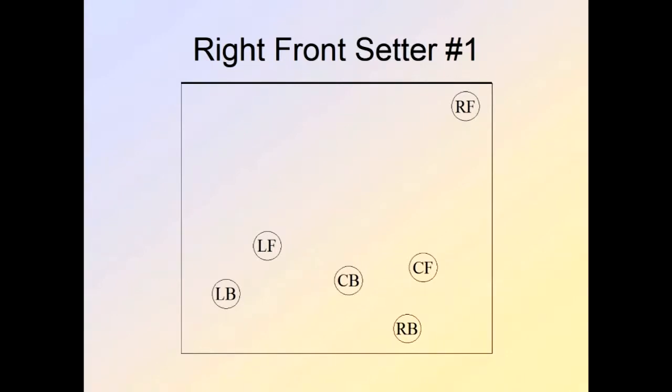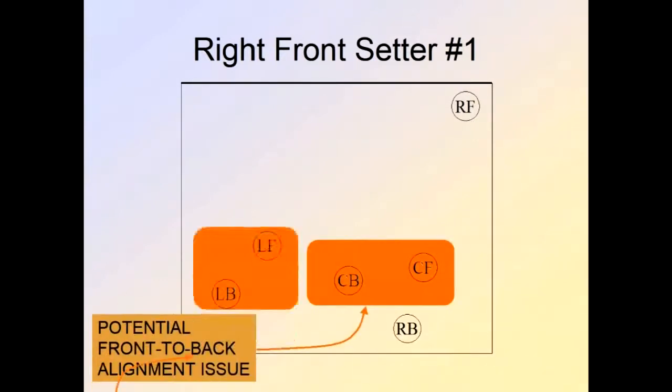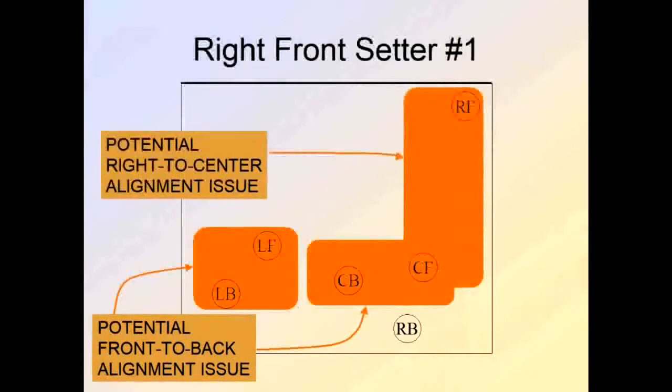So ensuring that the back row players remain behind the front row players. And then there may be a potential right to center alignment issue with the right front and the center front, ensuring that the right front player is closer to the right boundary line than the center front.